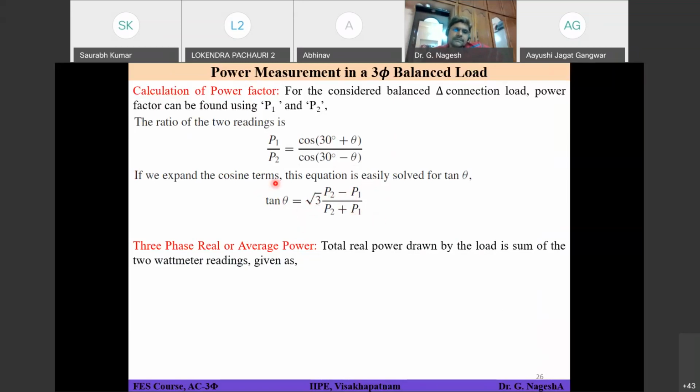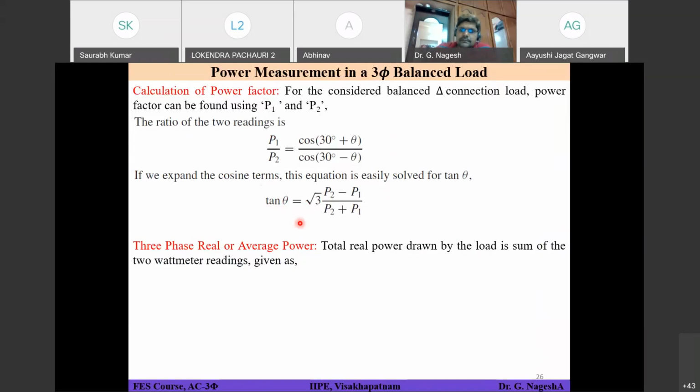That means if the load is balanced, you can find out the power factor angle also by seeing the readings of your wattmeter. The difference of the two wattmeter readings divided by the sum of the two wattmeter readings, multiplied with root 3, will give you tan theta, and from that you can find out theta and get the power factor cos theta also.